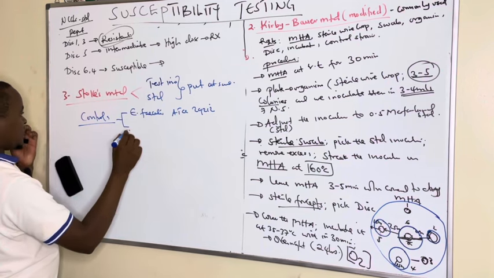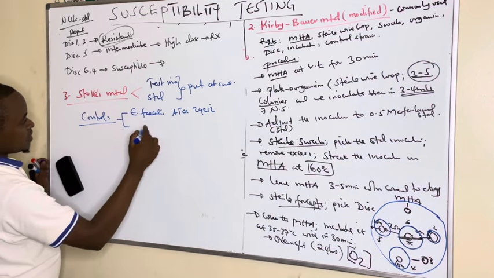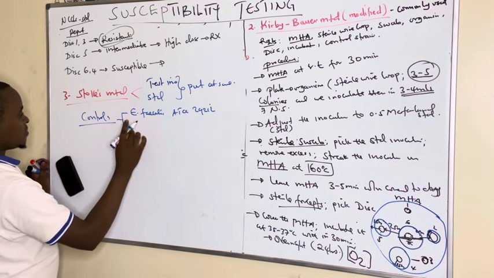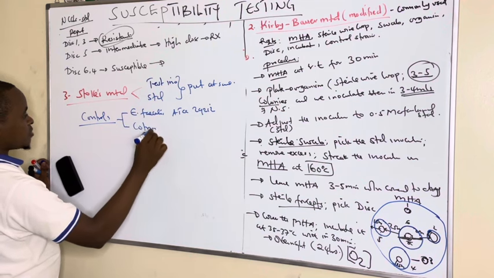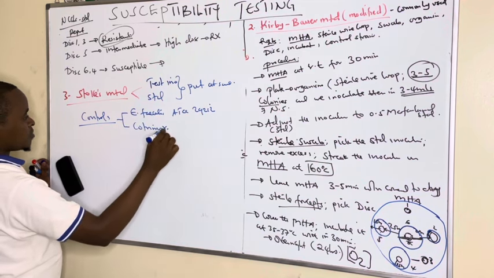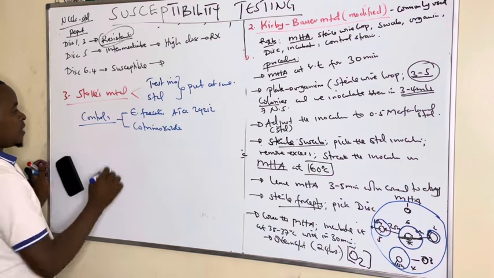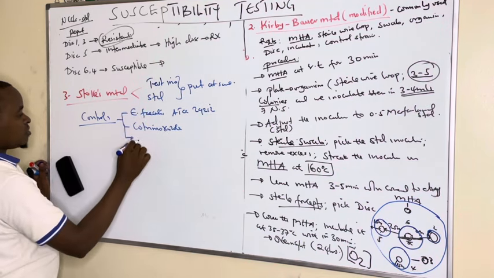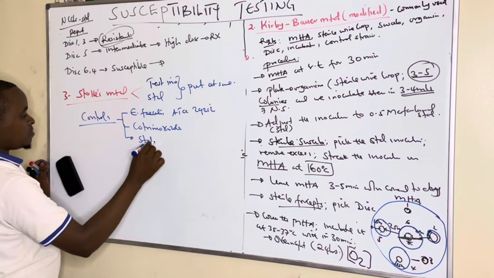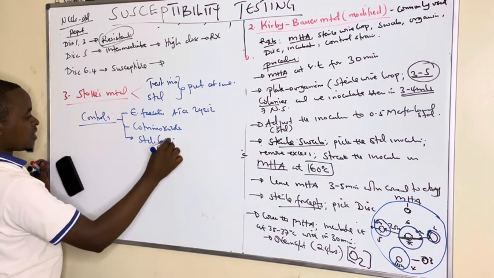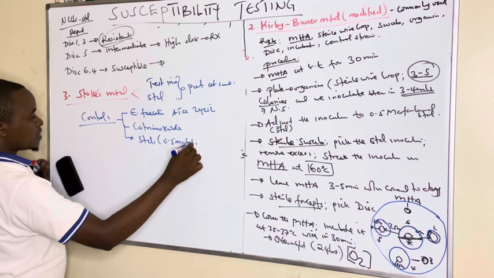We can even use E. faecalis, we can use cotrimoxazole also as a positive control. And another thing we have to make sure is to standardize our inoculum, to make a standard using 0.5 McFarland standard.